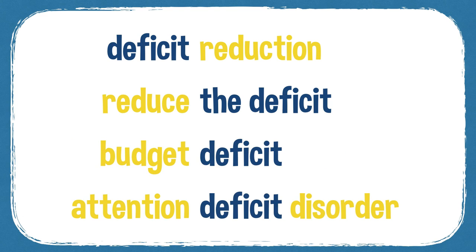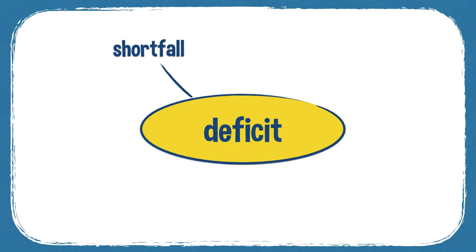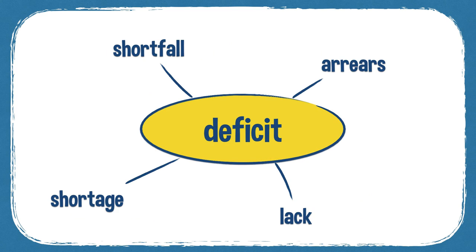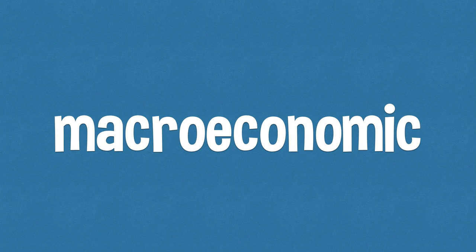It's when children in school are unable to pay attention, to concentrate in the classroom. So maybe they often have what teachers call attention deficit disorder, or ADD. So synonyms for deficit: shortfall, lack, arrears, and shortage.